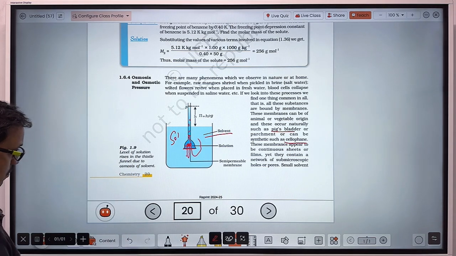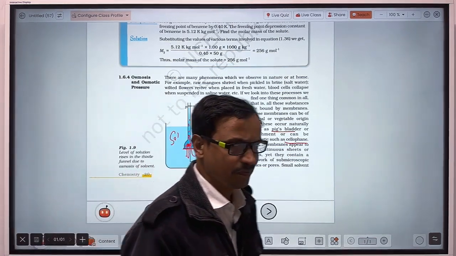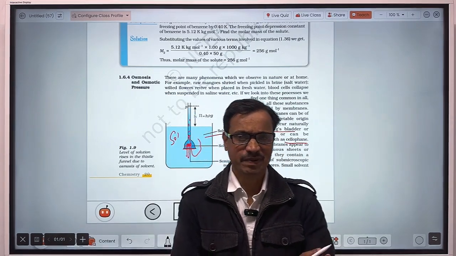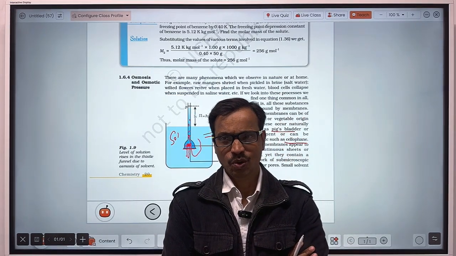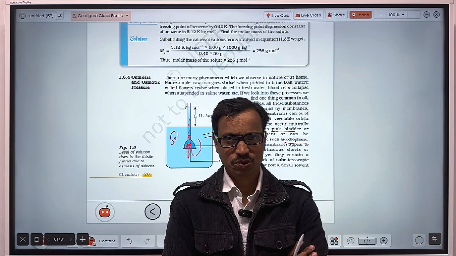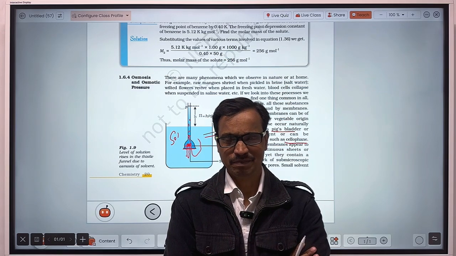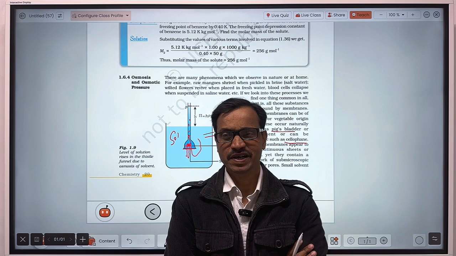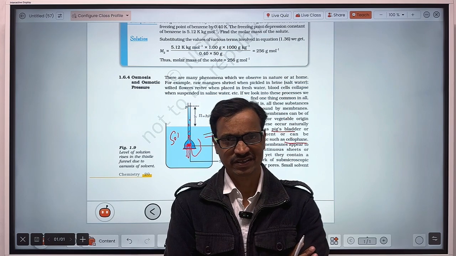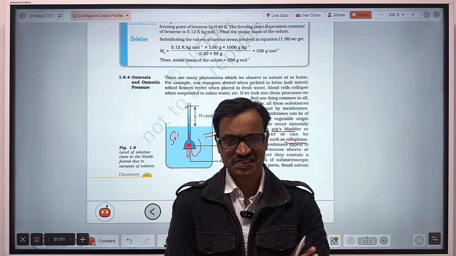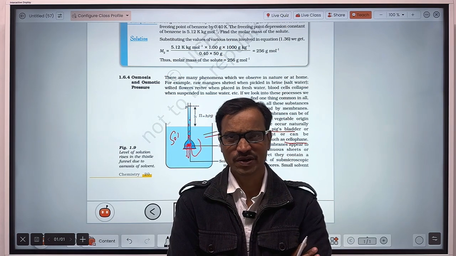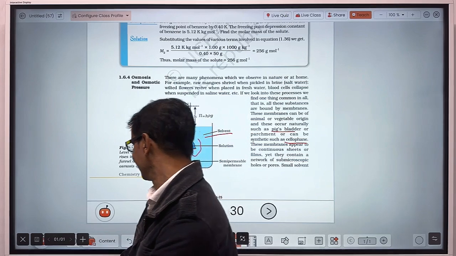So osmosis is the movement of solvent particle from low concentration to high concentration through semi-permeable membrane.